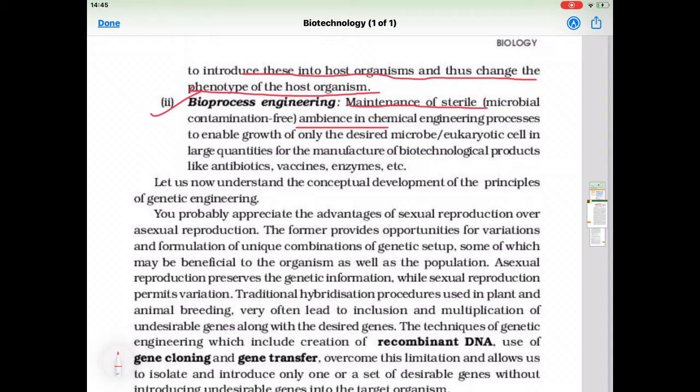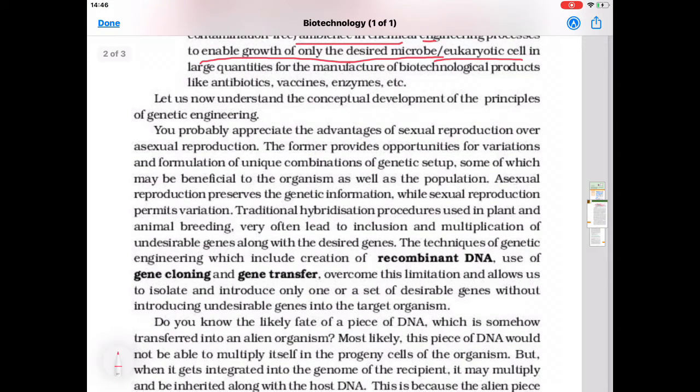Creating an ambience in chemical engineering processes to enable growth of only the desired microbes or eukaryotic cells in large quantities for the manufacture of biotechnological products like antibiotics, vaccines, enzymes, etc. Under the second point, creating such conditions by using chemical engineering, producing with the help of certain microbes, these are used for producing antibiotics, vaccines, enzymes, etc. Under sterile conditions, we require the growth of only the desired microbes which we want. We want the growth of that organism only.